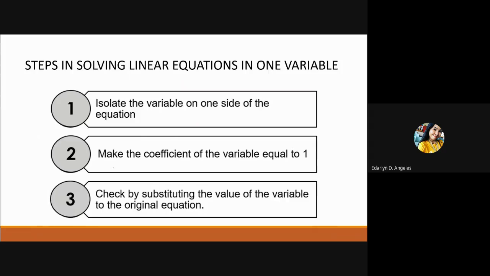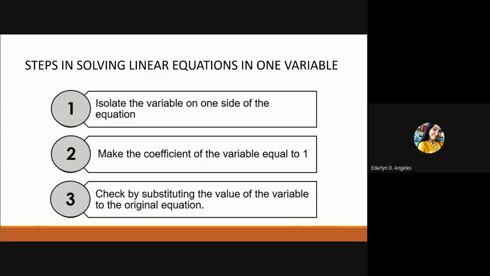Second, make the coefficient of the variable equal to 1. So we should make the numerical coefficient of the variable equal to 1. For example, we have a 3x. We need to make it just 1x or just x, since we are finding the solutions.